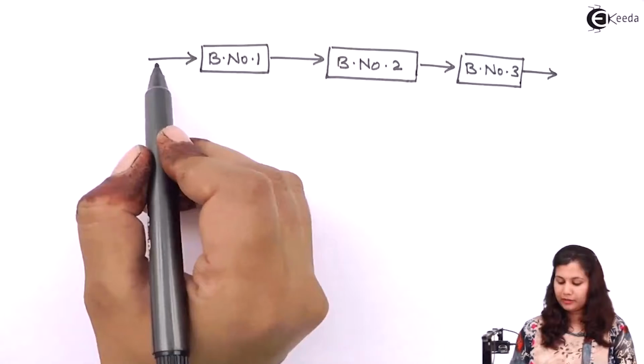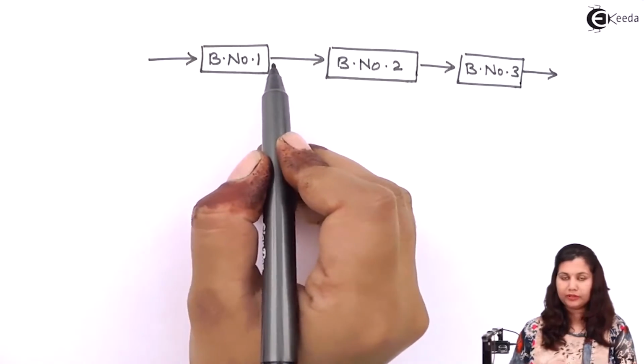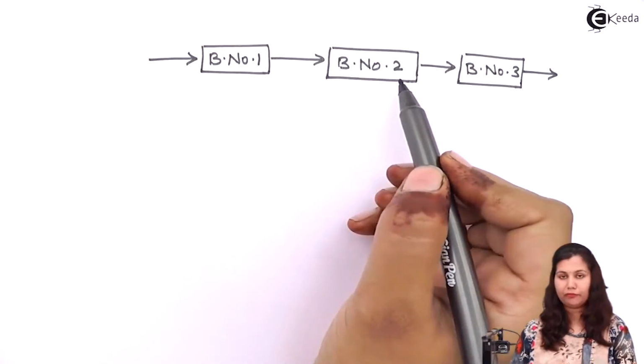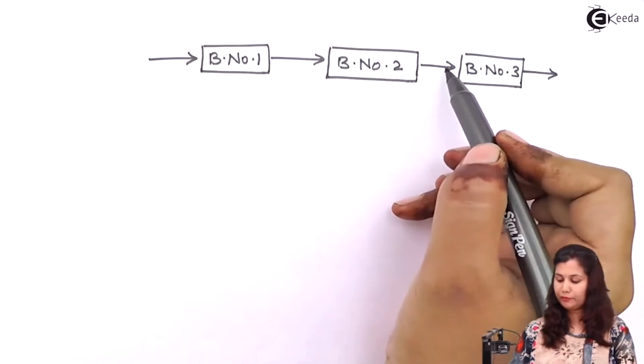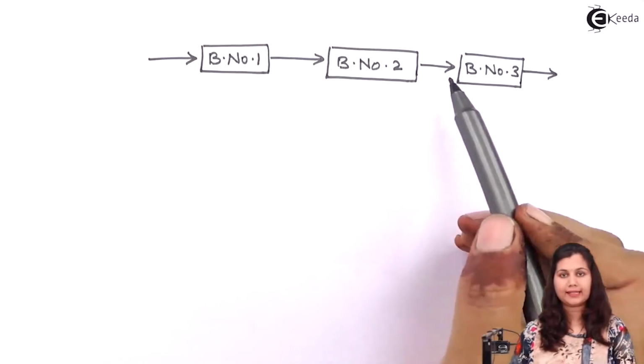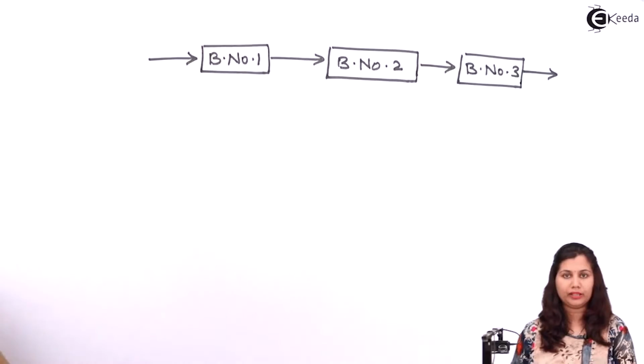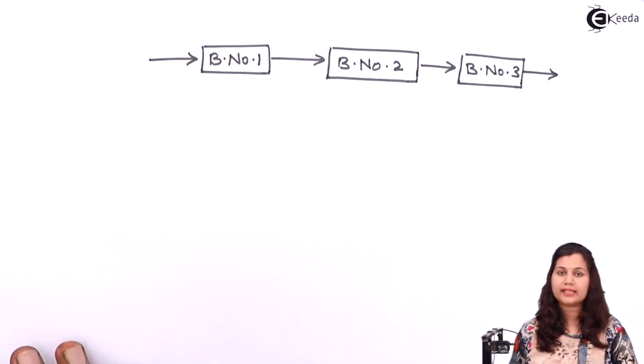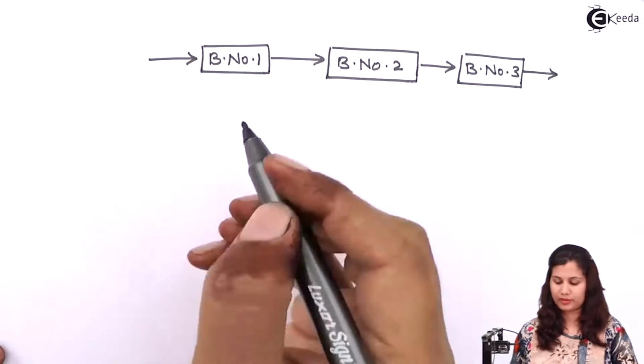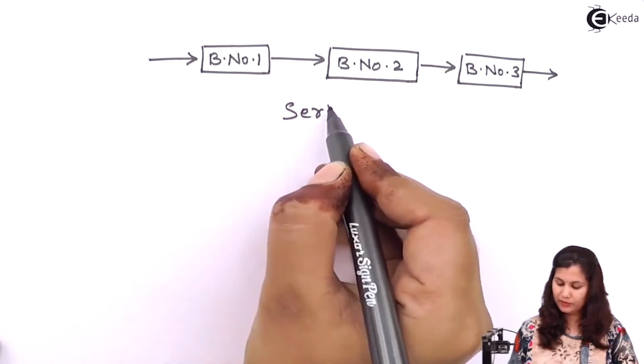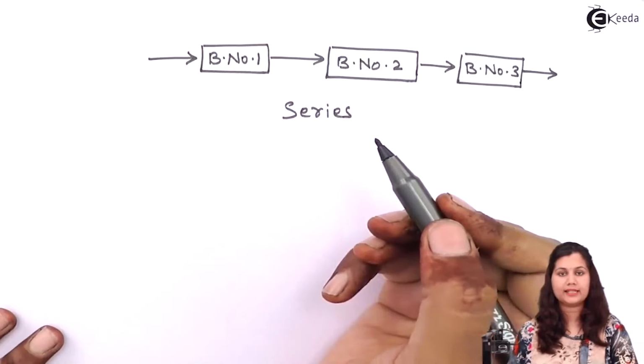If the output of block number 1 is the input of block number 2, and the output of block number 2 is acting as an input to block number 3, then such a connection of the blocks is the series combination of the blocks. So in this way, the blocks are connected in series.